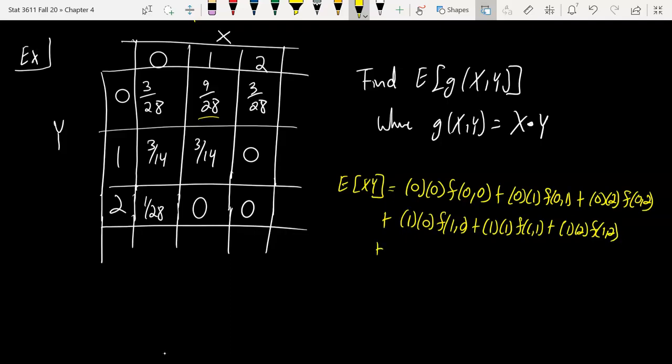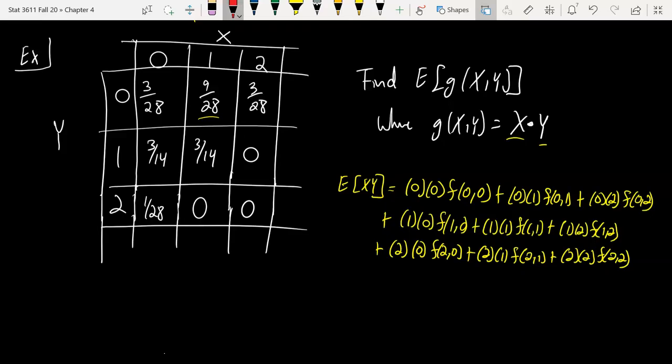Then I can cycle through the third column when x is 2: 2 times 0 times that probability, plus 2 times 1 times f of 2, 1. Why am I doing 2 times 1? I'm doing the product because the function is x times y. If this was x plus y, then I'd be adding those together. The last case is 2 times 2 times f of 2, 2.